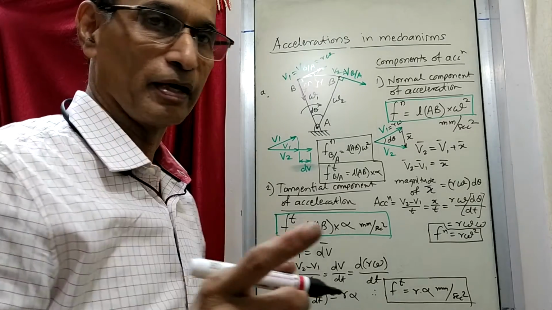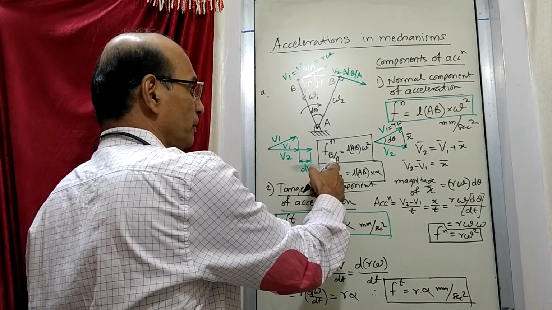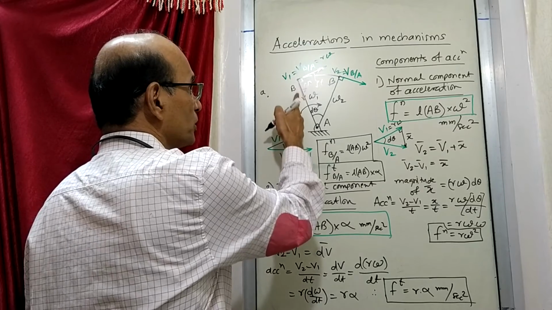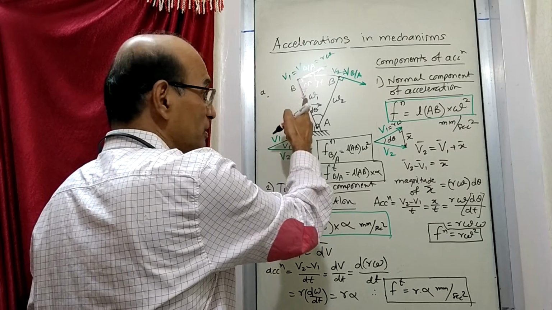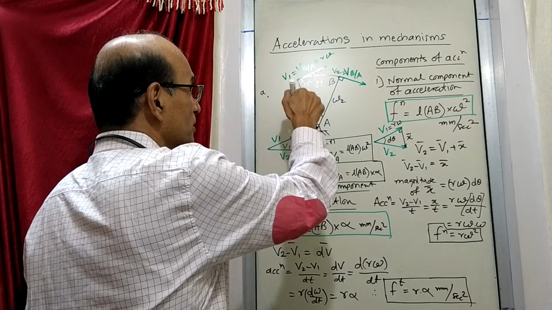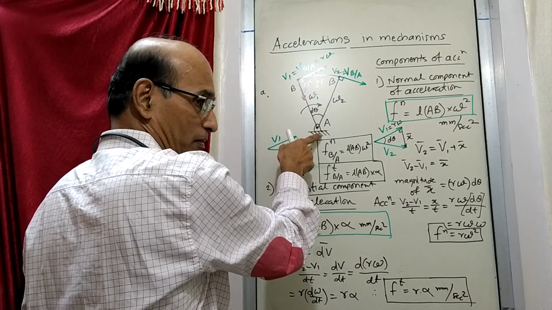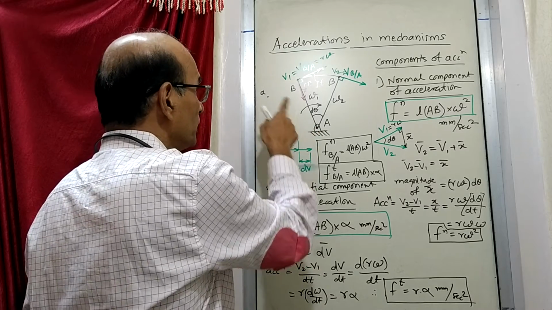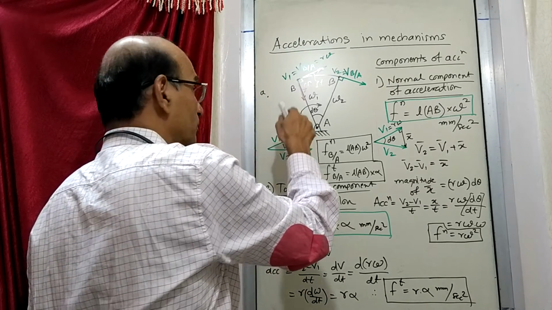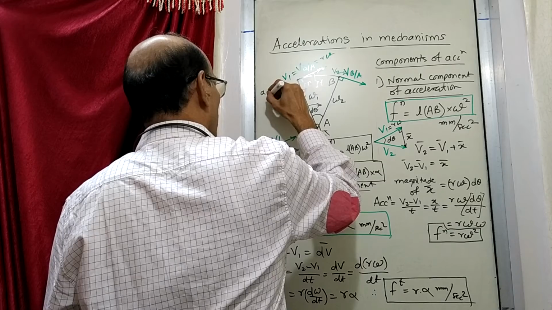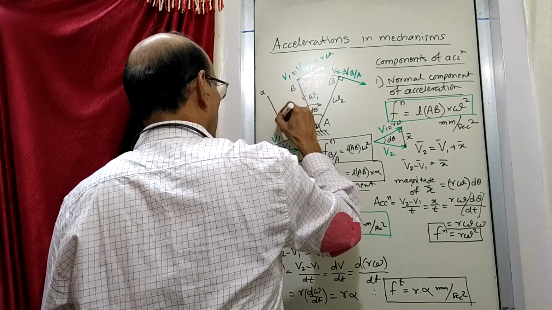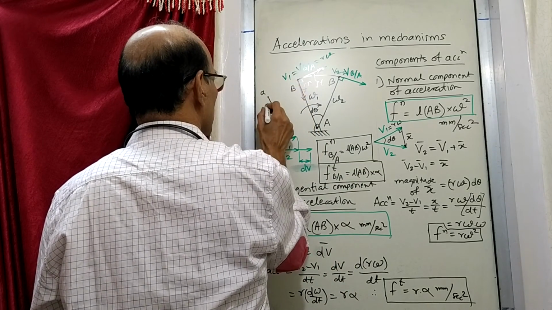Now listen to this very carefully. F normal of B with respect to A, that means you are now going to show this vector. Now this vector is, listen carefully, from capital B to capital A in the linkage diagram. That is what is shown. Here it is from A to B. That means when you show this vector, we have to show it like this. This is Fn.